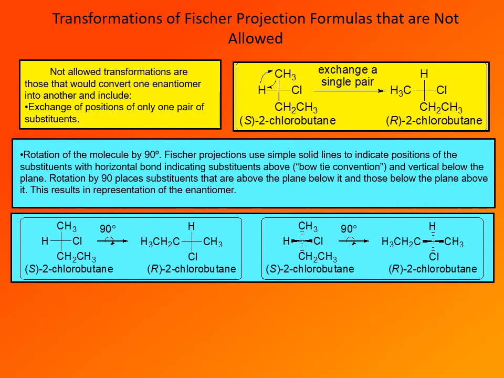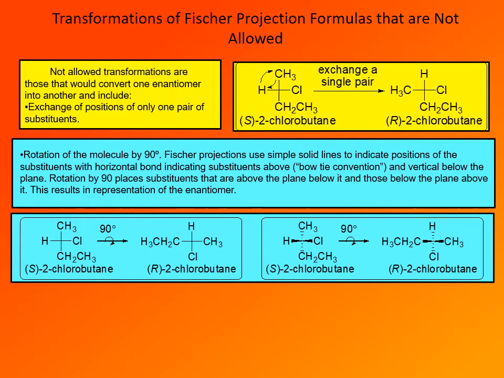So as a conclusion, Fischer projections may be rotated by 180 degrees in the plane of the paper. And that means either actual rotation by 180 degrees or flipping two pairs of substituents simultaneously. But they can never be removed from the plane of the paper. And removing them from the plane of the paper means flipping only one pair of the substituents or rotation by 90 degrees.